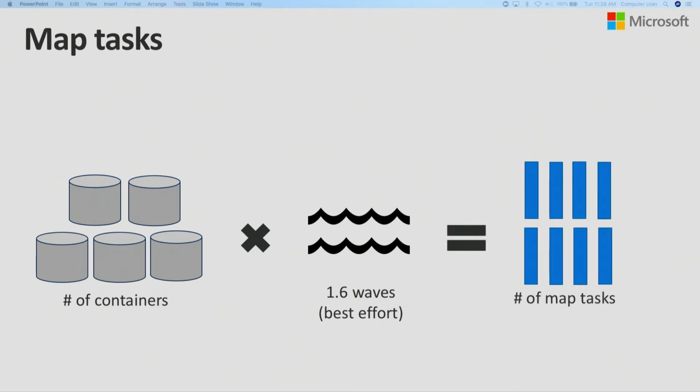So what happens, right? If we have 5 containers and we use the Tez wave format, we'll get 1.6 times 5 and get 8. Cool, that actually works pretty well. However, let's say that we have an instance where we have 80 megabytes of input data. And each task is actually 10 megabytes large.